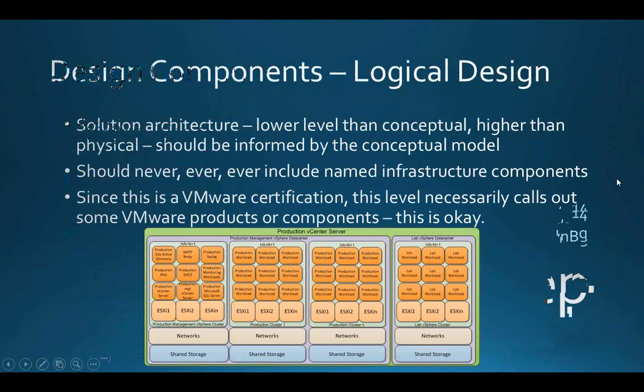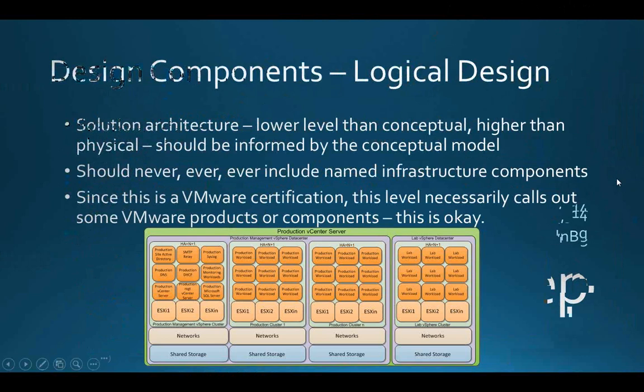What that means is the decisions you make to come up with the solution architecture should be 100% based on your conceptual model, your requirements, your constraints, assumptions you've made or things you can't verify, and mitigation of risk. Those absolutely inform the solution architecture.